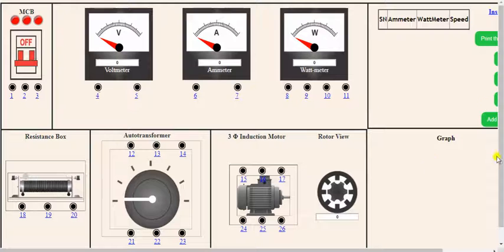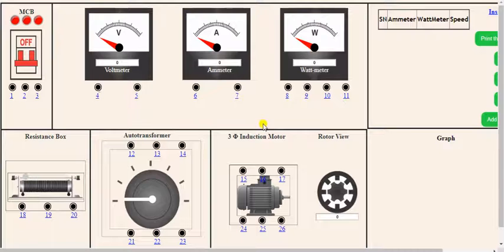As you can see, all the instruments are here: voltmeter, ammeter, wattmeter and resistance box. This resistance box we have to connect in the rotor circuit. These are the 3 terminals of the rotor circuit, and this is the auto transformer, the induction motor, the rotor view, and the main supply MCB.